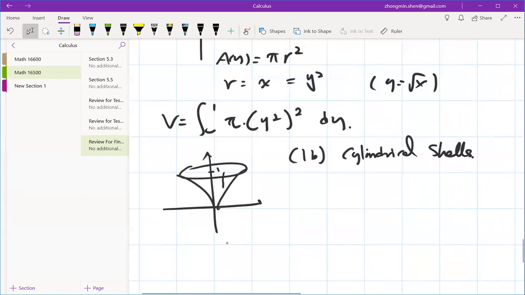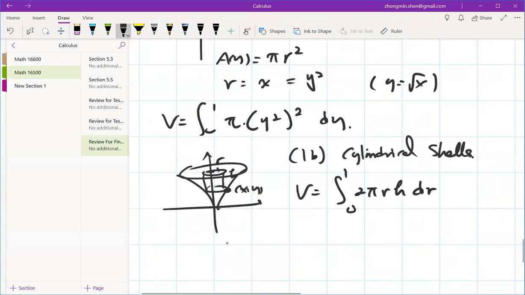When you draw the cylindrical shells, you get a cylinder here. Imagine, it's not under that. So here's the r, that's h. This is the reference point, maybe x and y. This is the original curve. So the volume is going to be the integral of 2 pi r h dr. The smallest value for r is 0, the largest value for r is 1.